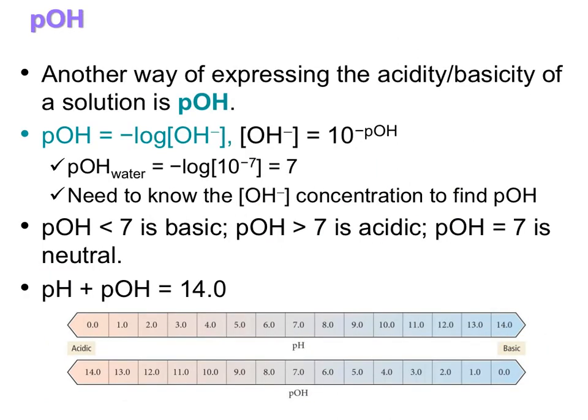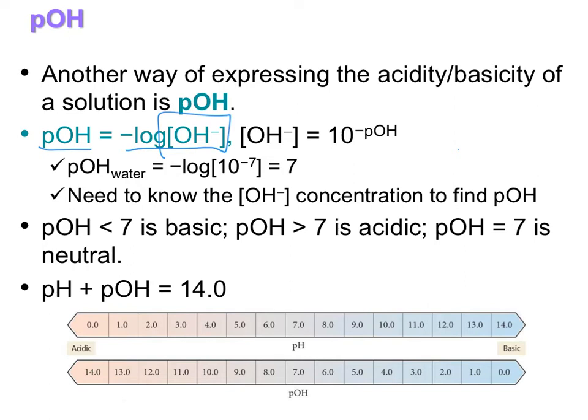We can also express acidity or basicity in terms of pOH. This is less common. Most commonly, you'll just see pH, but it is possible, and it's basically the complete opposite. Instead of taking pH, you take pOH, and it's the negative log of our OH, our hydroxide concentration.